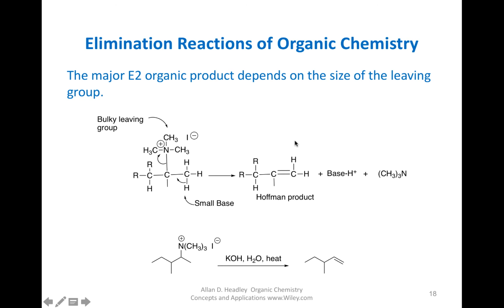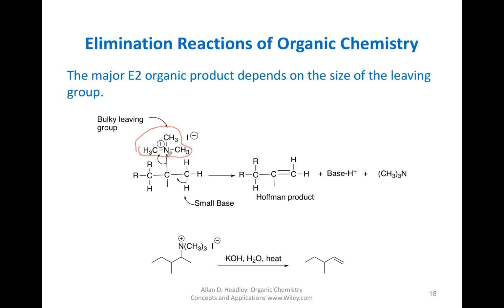Let us look at a last slide here before we end this lecture. So, as you can imagine, if you have a leaving group here, the trimethylammonium ion, as you can see, that is a pretty large leaving group. Why is it a leaving group?